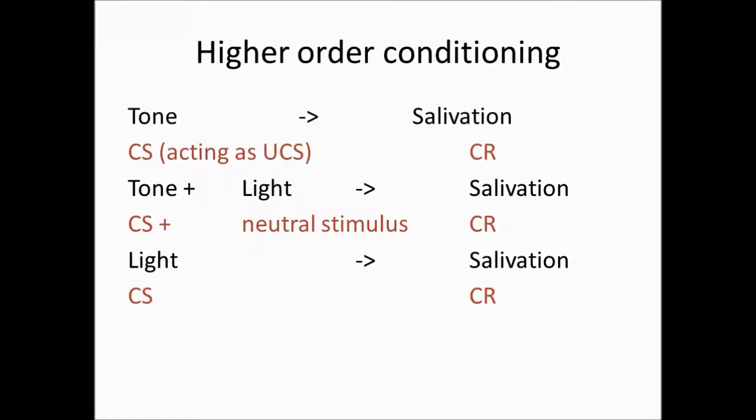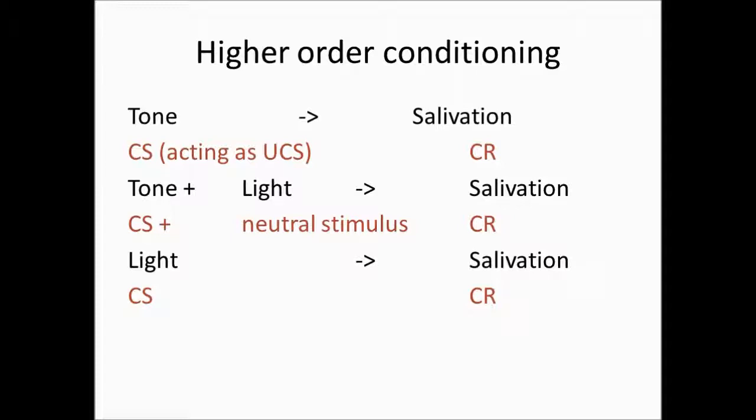Higher order conditioning is something that looks a bit complicated, but in reality is pretty simple. In this situation, we're just using this conditioned response that we've seen from before of a tone as the conditioned stimulus. That is a conditioned stimulus. So we've conditioned that dog, that the tone results in salivation. So all we're going to do in this situation is we're trying to get that salivation, that conditioned response, to a different stimulus, like light.